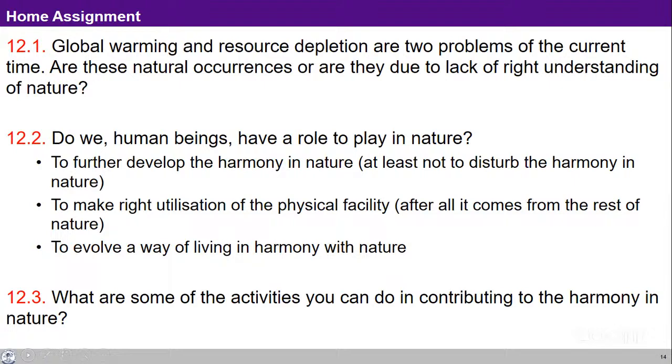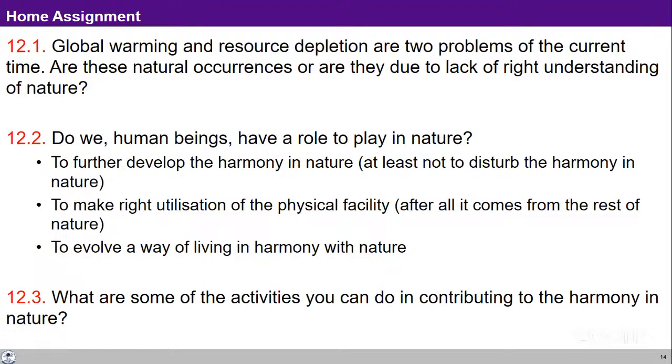Global warming and resource depletion are two problems of current time. Are these natural occurrences, or are they due to lack of right understanding of nature? Kindly respond in the chat box. What do you think about this? Every day we are listening to discussions on global warming and resource depletion.